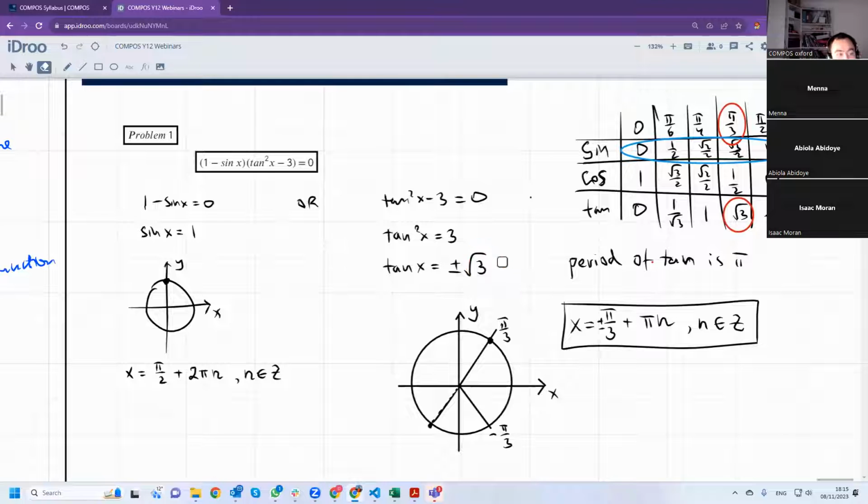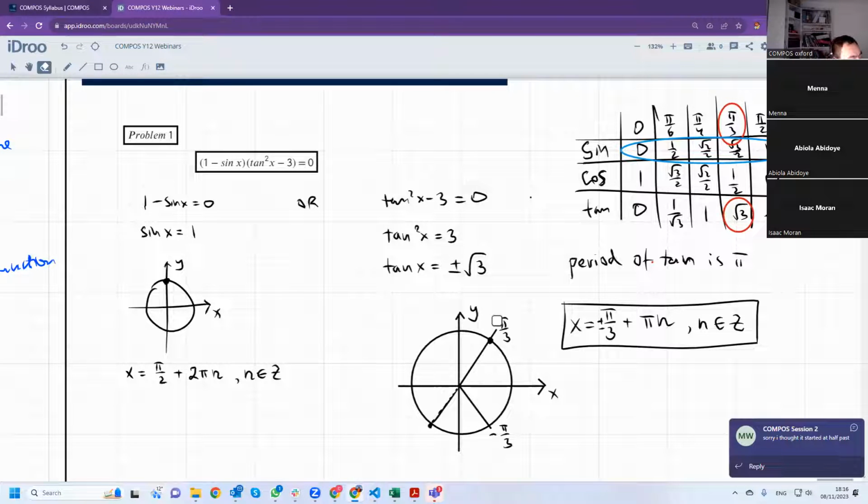Can somebody tell me which answers are not valid? Is it a rule or is it a coincidence?